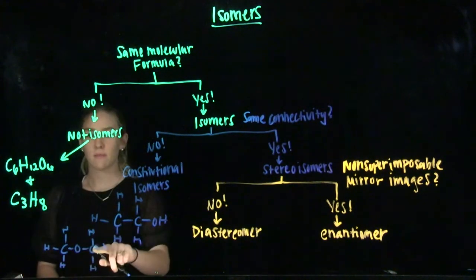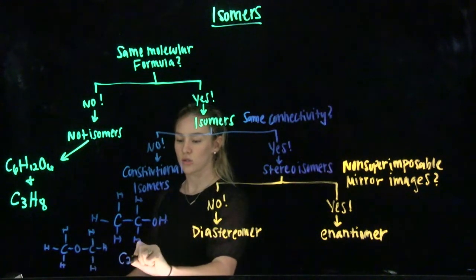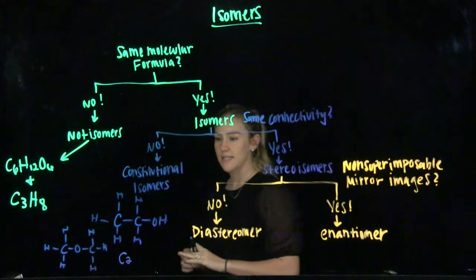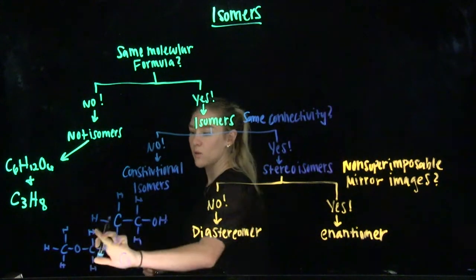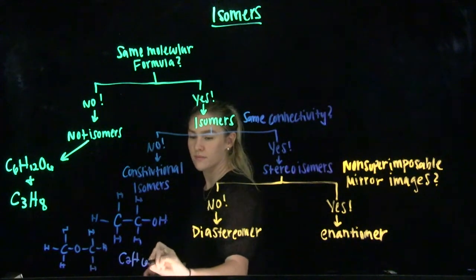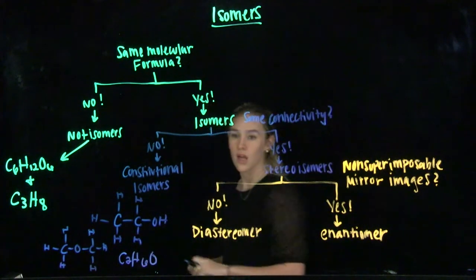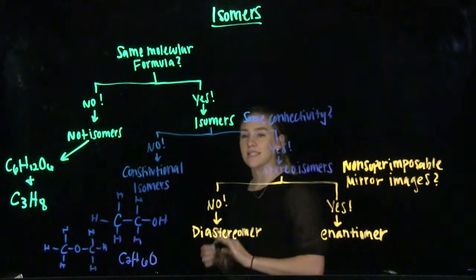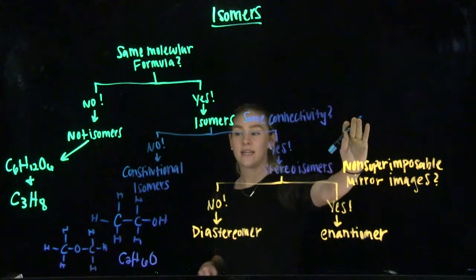So in both of these molecules, we can see that we have two carbons. We can see that we have 1, 2, 3, 4, 5, 6 hydrogens. And we have 1 oxygen. So both of these molecules have the same molecular formula. However, they do not have the same connectivity.